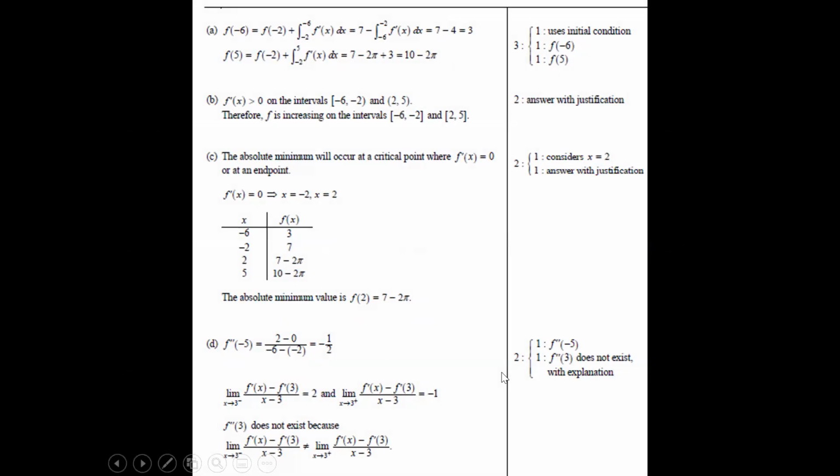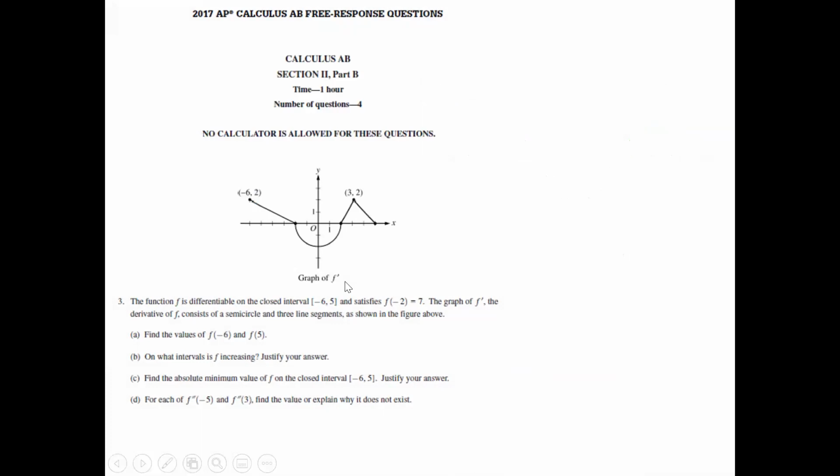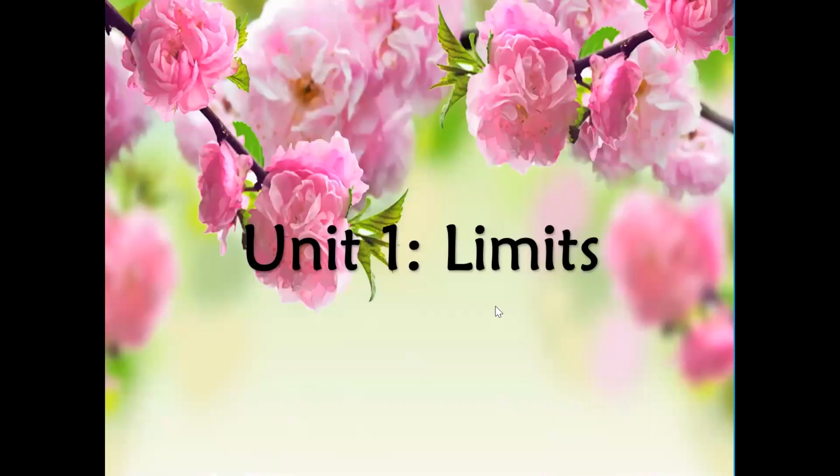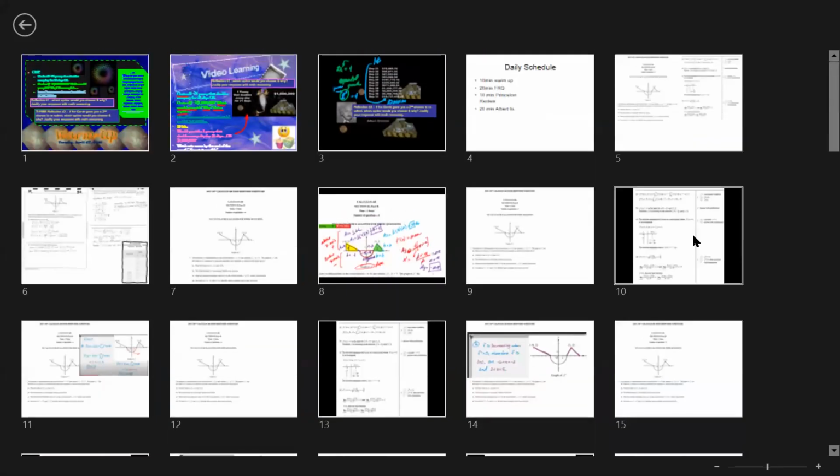All right, you guys, if you went ahead and answered that question, it is 2 points, 1 for f double prime of -5, 1 for f double prime of 3. All right, so now what I want you guys to do is take a look at the back of this, which is a student's work.